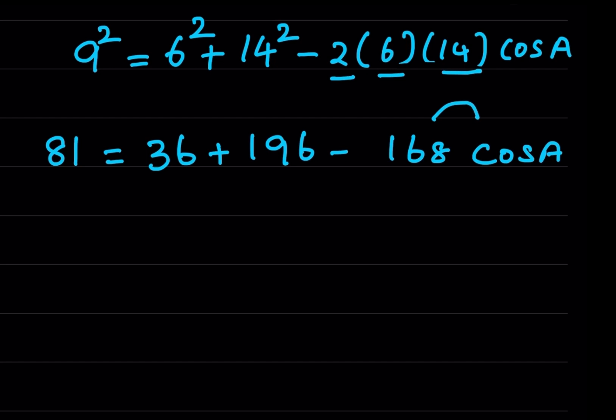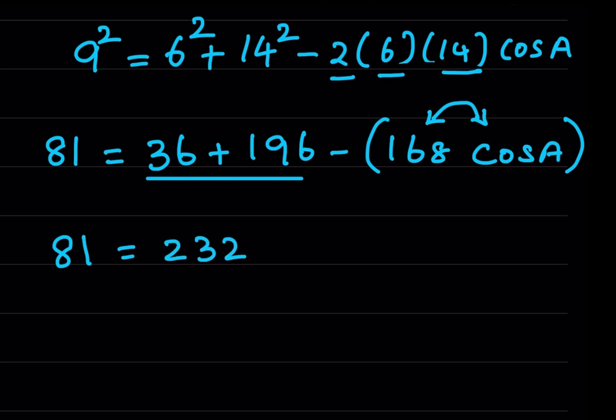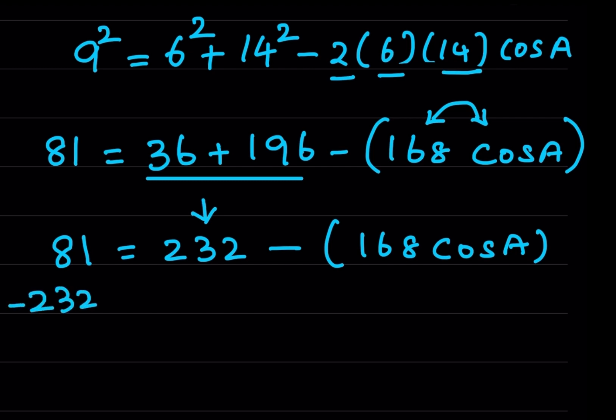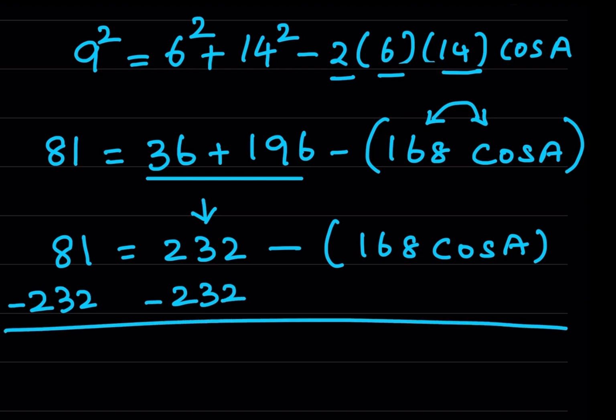Since we have to multiply these two, I am going to put parentheses. 81 is equal to, I am going to add these two. So 36 plus 196 is 232 minus 168 cos A. Now we have to take out 232. So I am going to subtract 232 on both sides so that the equation doesn't change.